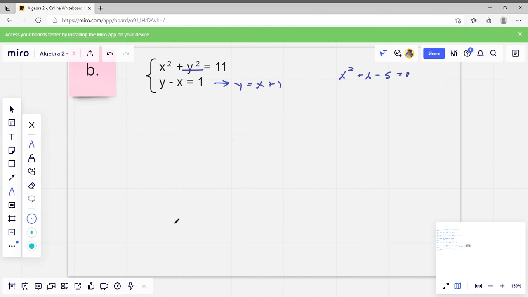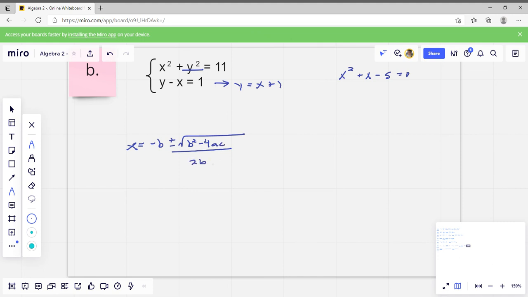Okay, so quadratic formula, x equals negative b plus or minus the square root of b squared minus, no, minus 4ac over 2b, I think.